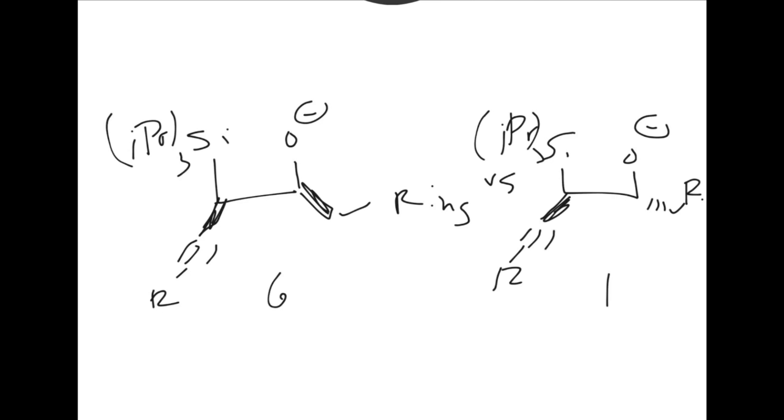They treat that with TBAF, which removes the TBS group from here, and removes the triisopropyl, the TIPS group, from this carbon, which gives us the terminal alkyne that we want, and gives us this alcohol. But they have to turn that alcohol into a chloride.